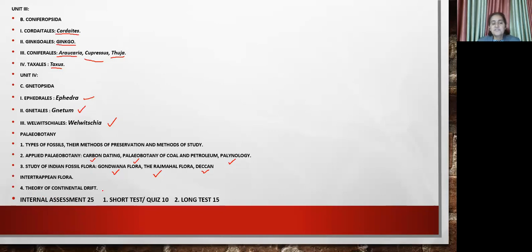And the last chapter is theory of continental drift.